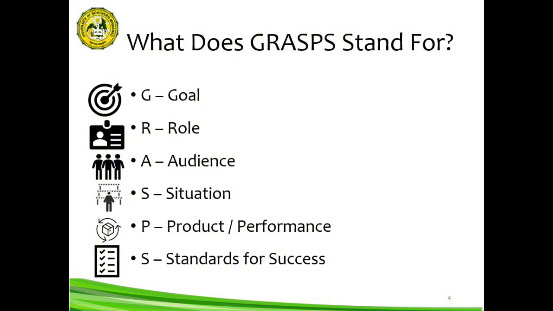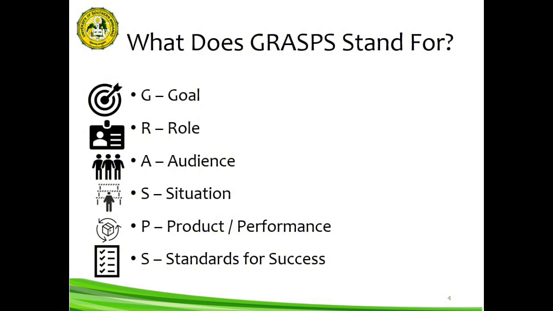These six elements form a complete structure for designing authentic tasks. They answer the essential questions of what, who, for whom, why, how, and how well in any performance assessment. Let's explore each component in sequence using one connected example.